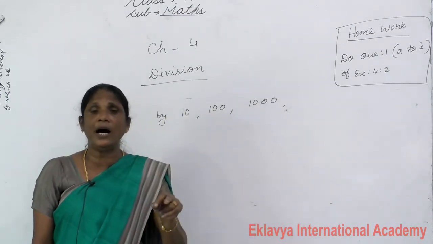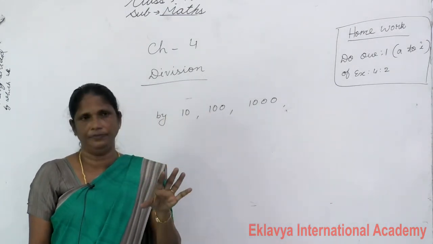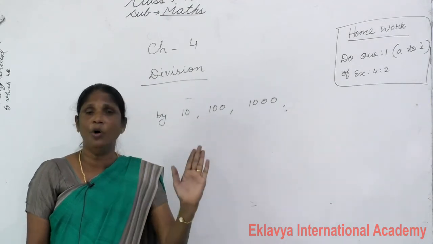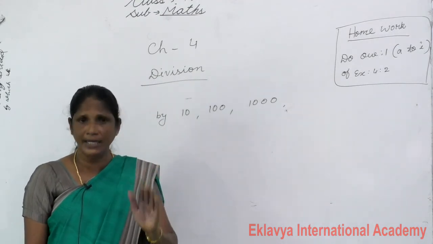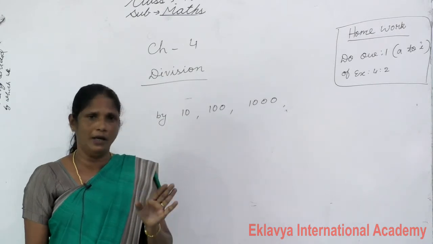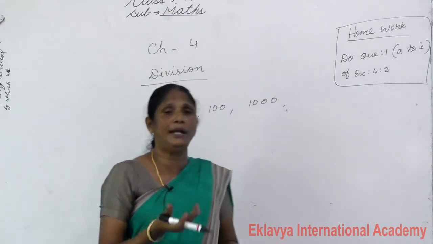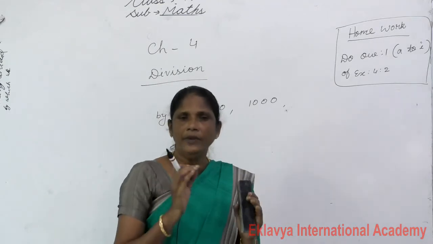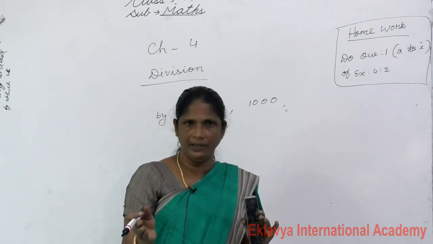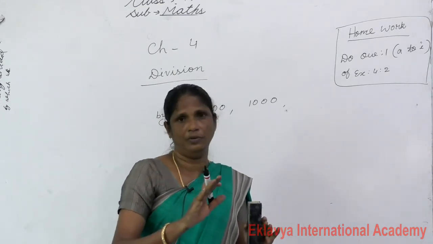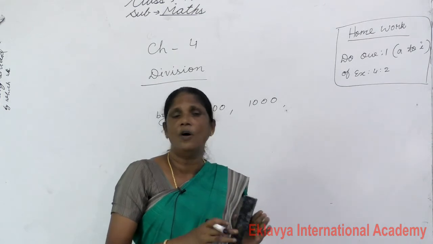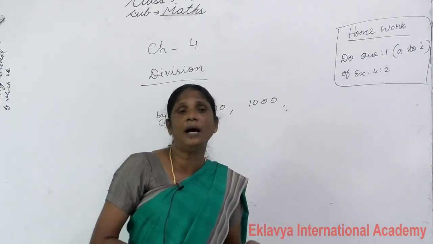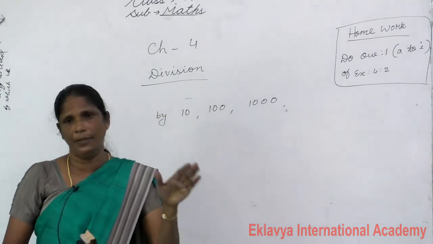When we divide by 10, we remove one digit from the right hand side of the number. Again, we divide by 10, we remove one digit from the right hand side of the number.